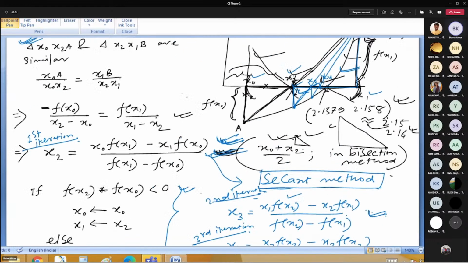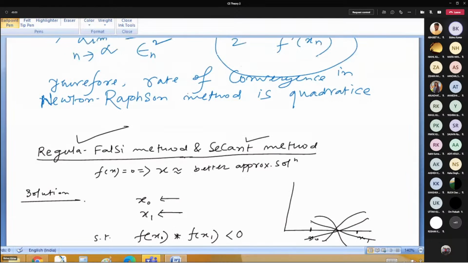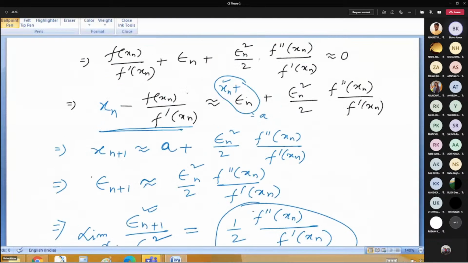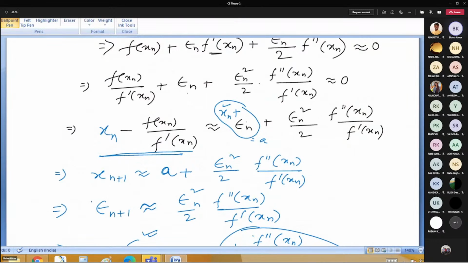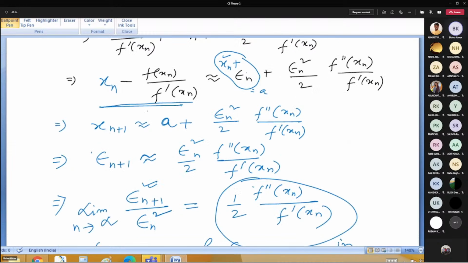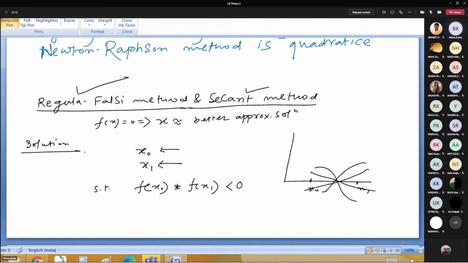Any other query? So in this module, I think you understood four methods: bisection method, Newton-Raphson method, regular false method, and secant method. In every method, know the plus point, minus point, when it is applicable, when it is not applicable. Bisection method and regular false method always give you the solution.